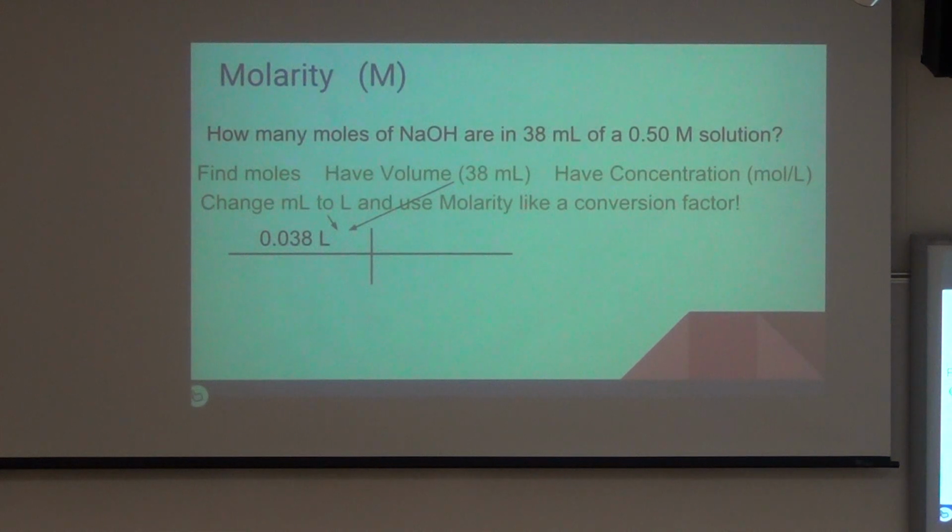It's always 1 liter on the bottom. So I'm going to bring that down here and use that as my conversion factor. Put 1 liter on the bottom and a half a mole on top. Now my liters will cancel out and I will get how many moles: 0.019 moles of NaOH.